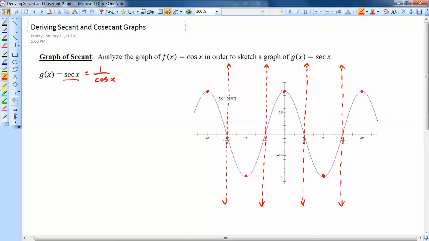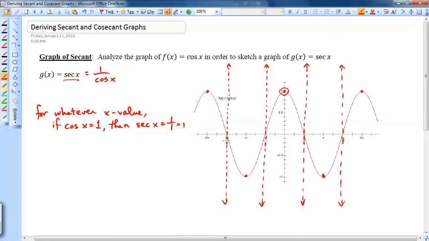So let's take a look at what happens to secant when cosine equals 1. If cosine of x equals 1, then secant of x is just 1 over that, because it's the reciprocal. So it's 1 over 1, which is still 1.